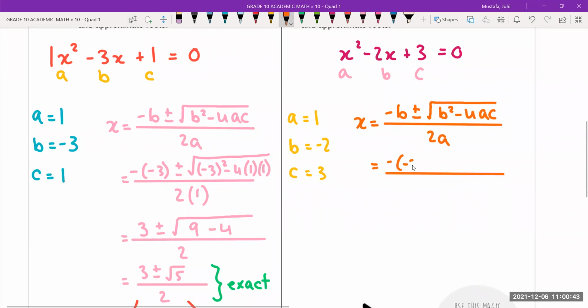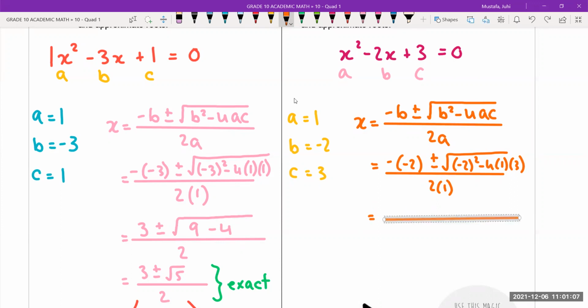So we have negative, negative 2 plus or minus. This is going to be 2 plus or minus, and then inside here, we're going to have 4 minus 12.